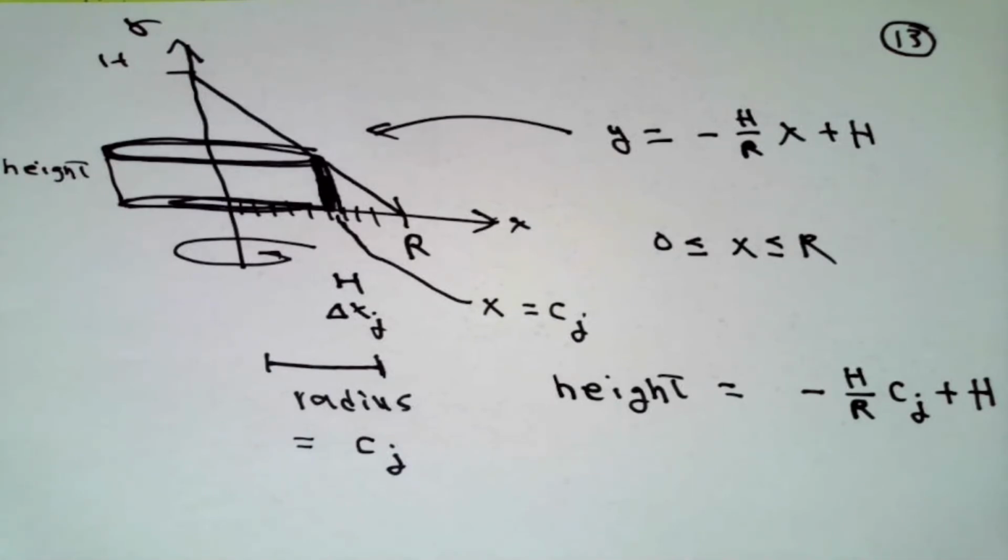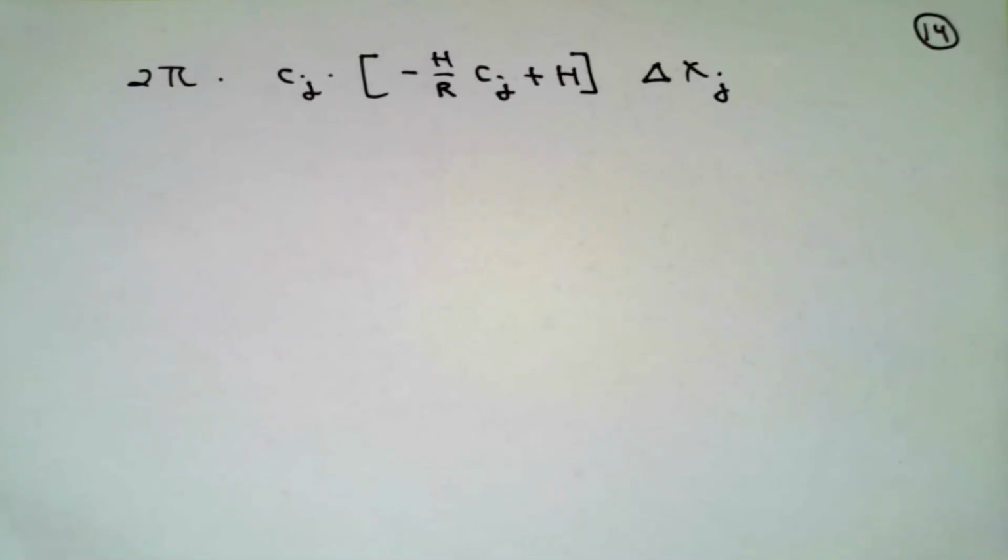We know the radius, we know the height, we know the shell wall thickness, and we know the range of x numbers that are relevant to the problem. 2 pi times the radius times the height times the shell wall thickness. By this stage, everyone knows what's going to happen.